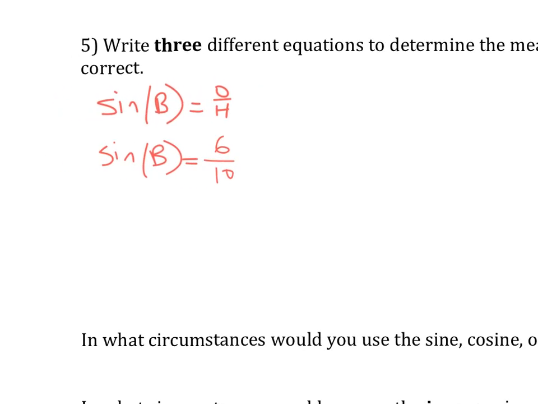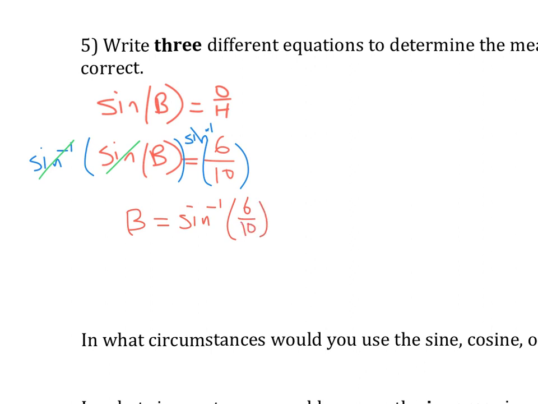And again, to get rid of sine, we're going to take the sine inverse of the left side, and the sine inverse of the right, and so that crosses out on the left, and we're left with B equals sine inverse of 6 over 10. If you put that into a calculator, I didn't prep this one, I apologize, so give me just a moment.